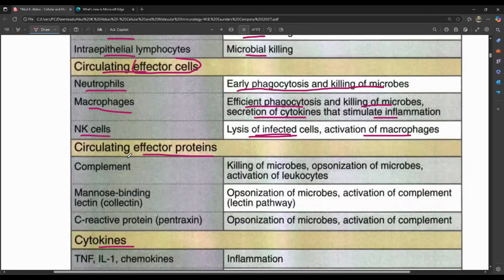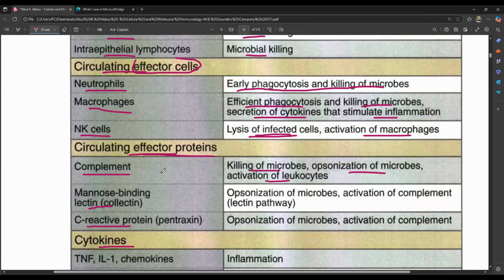Then we come to the circulating effector proteins. First is the complement, then mannose binding lectin and C-reactive protein. Complement proteins help in the killing of microbes, opsonization of microbes, and activation of leukocytes. Basically, the complement proteins are present in the blood or serum in an inactive form.